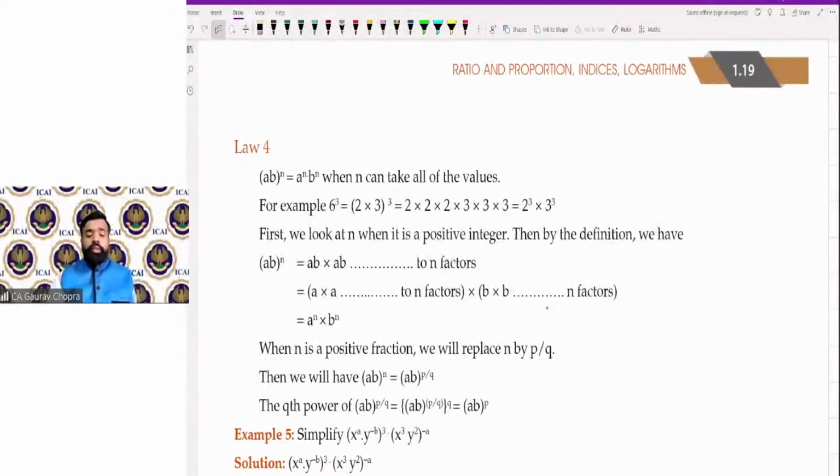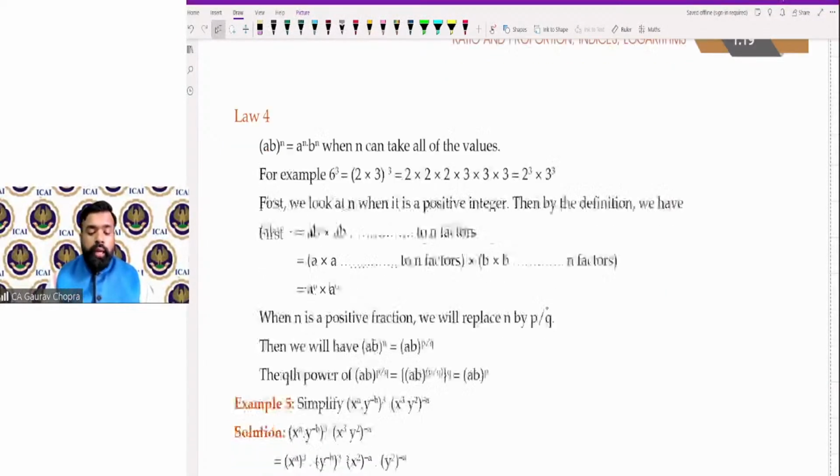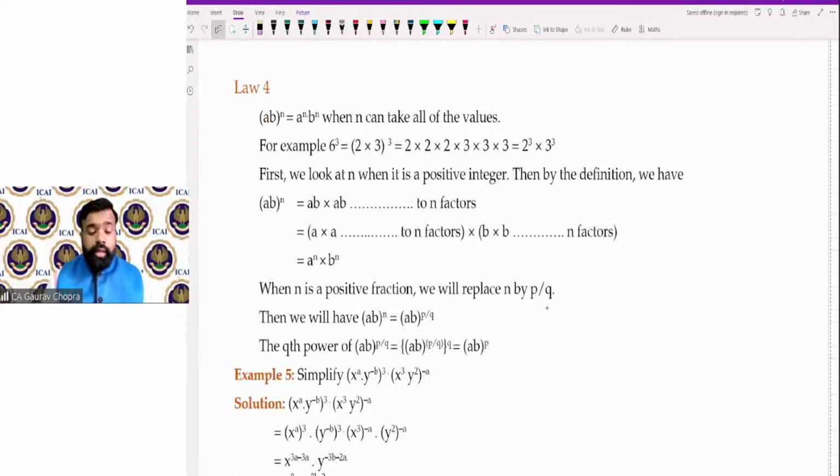Then comes the fourth law. A into B, both are having the power n. Both are having the power of n. Then the power will be written separately.